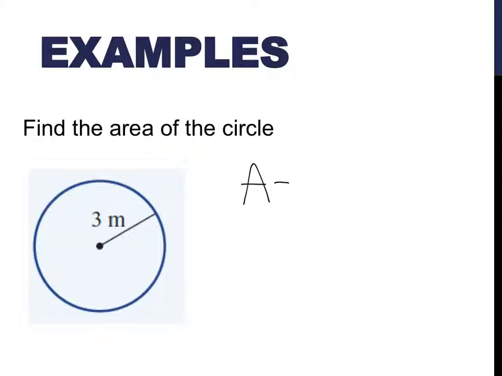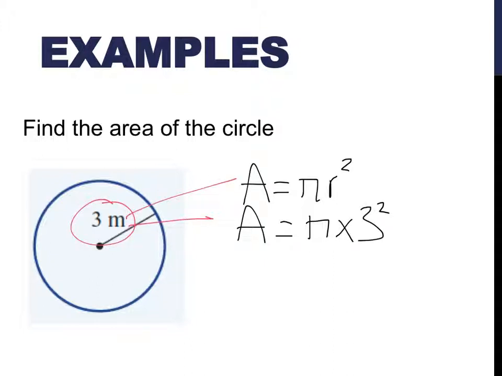So area equals pi r squared. Formula first. Area equals pi times 3 squared. Subbing in correctly. Formula, subbing in correctly.